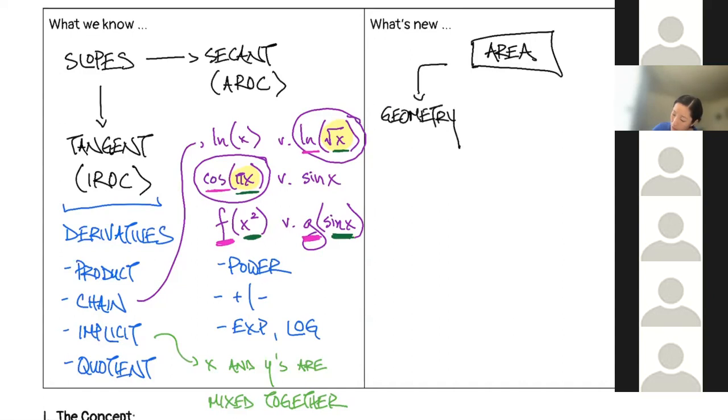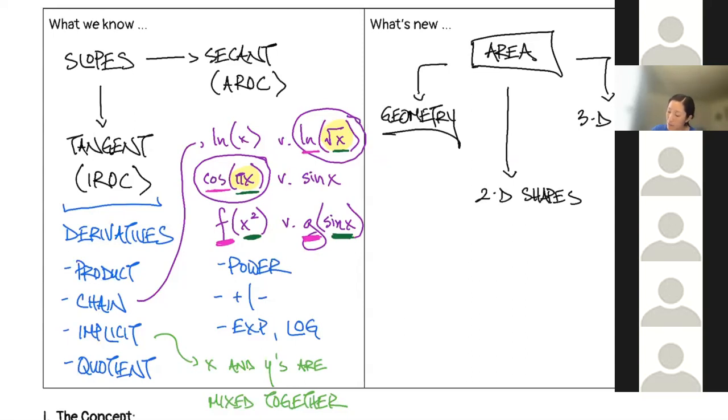All right. What else are we going to need to know? We're going to need to know stuff about 2D shapes. And we're also going to take a look at some 3D shapes. All right.